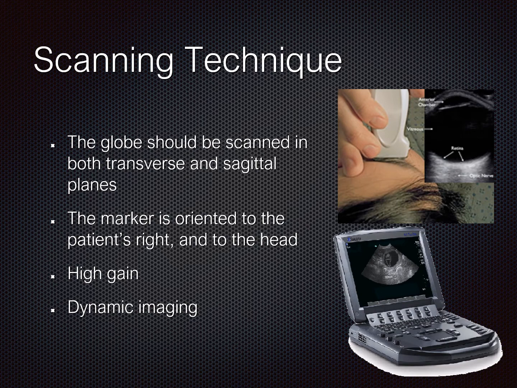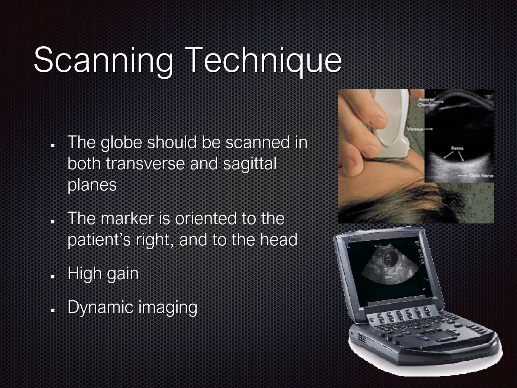So it's important to switch to the ocular preset if your machine has one. You're also going to want to turn up the gain. That's because a lot of the pathology that you're looking for is in the posterior chamber and is floating in anechoic fluid, and so you want to make sure the gain is quite high. These are images that tend to be overgained on purpose.